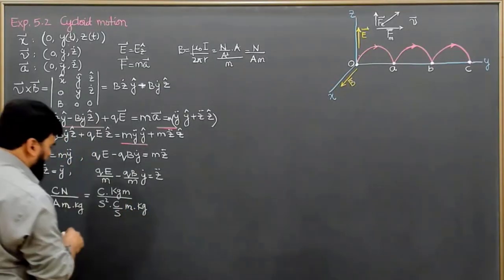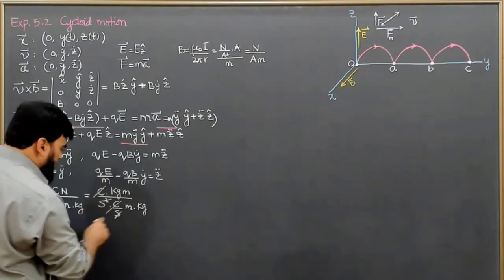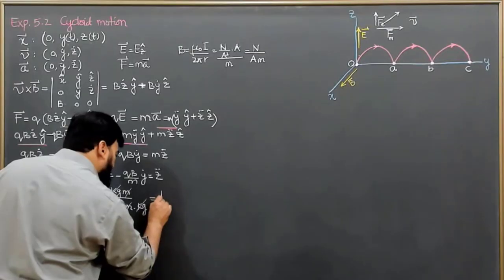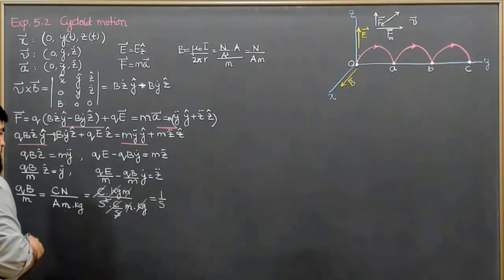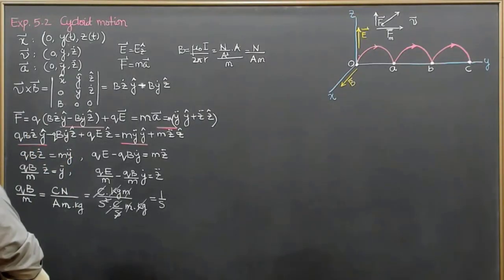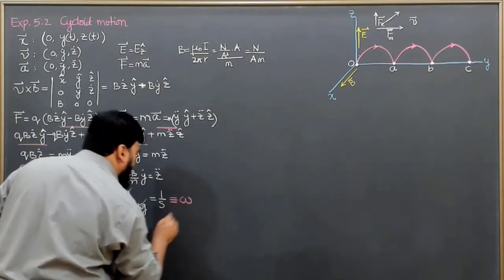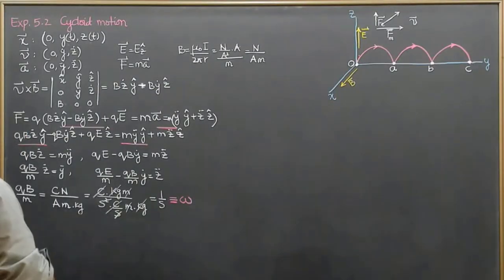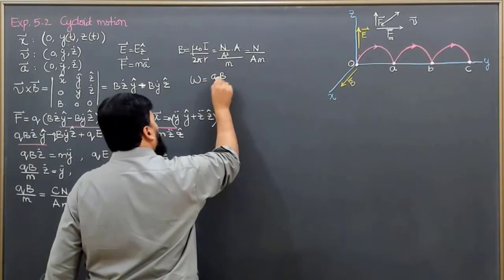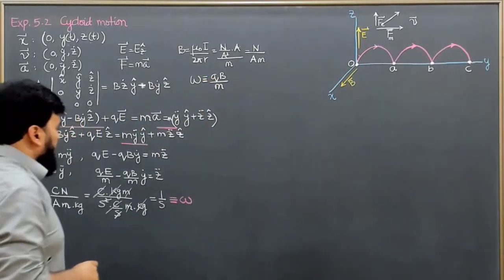So coulomb is gone with coulomb, second is gone with second, m is gone with m, kg is gone with kg, and we are left with 1 over second. And 1 over second is basically the unit of frequency. So I can define QB over m as omega, and this is the frequency.